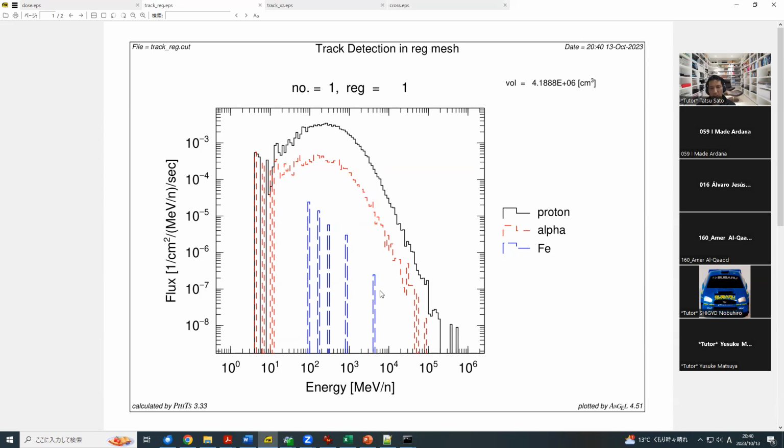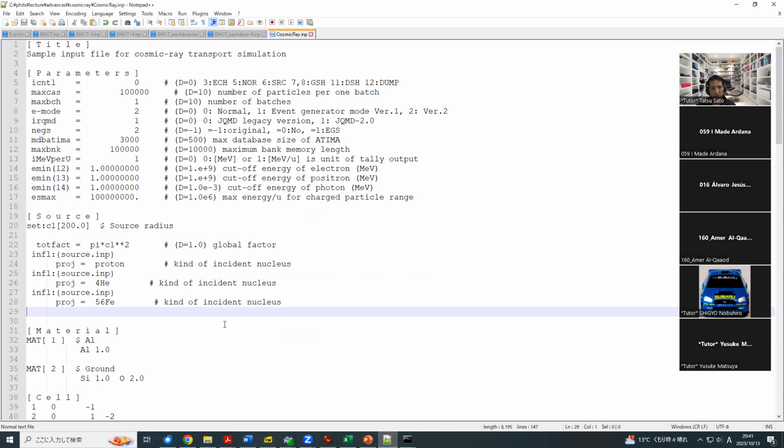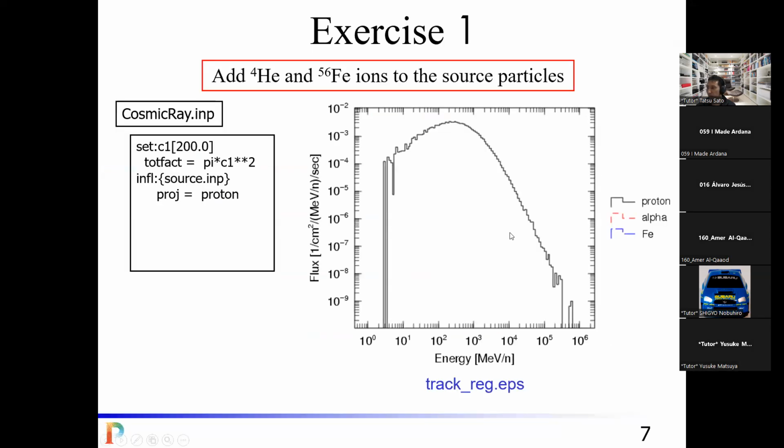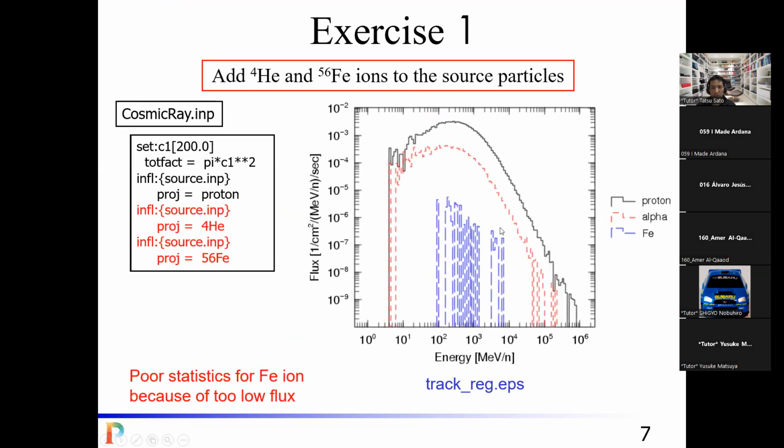So it's quite rare to generate ions with this setting. It's slightly different from this picture, but anyway, you can get similar data.